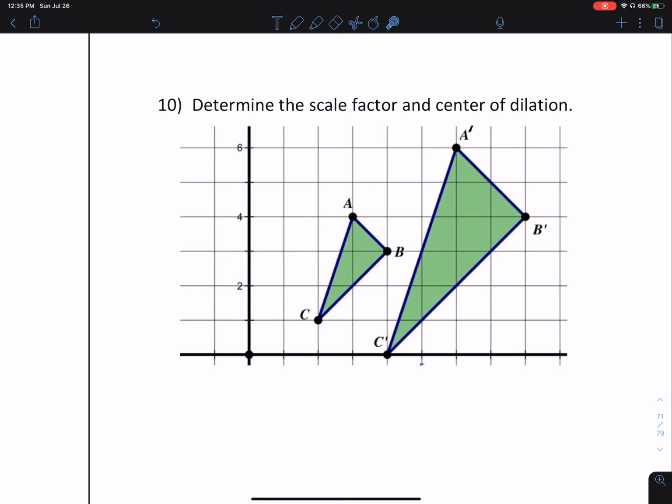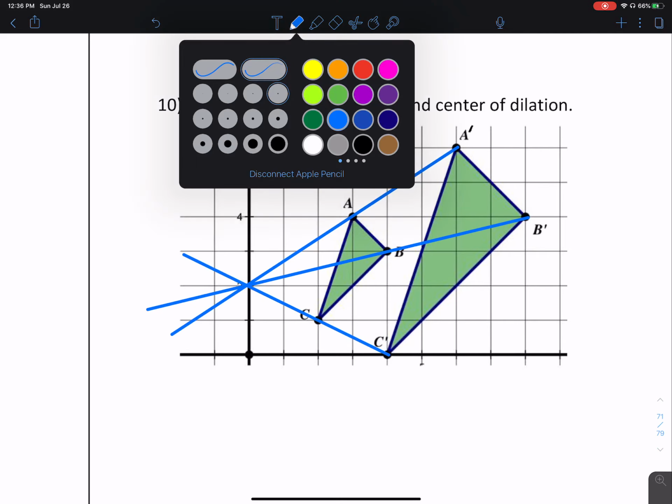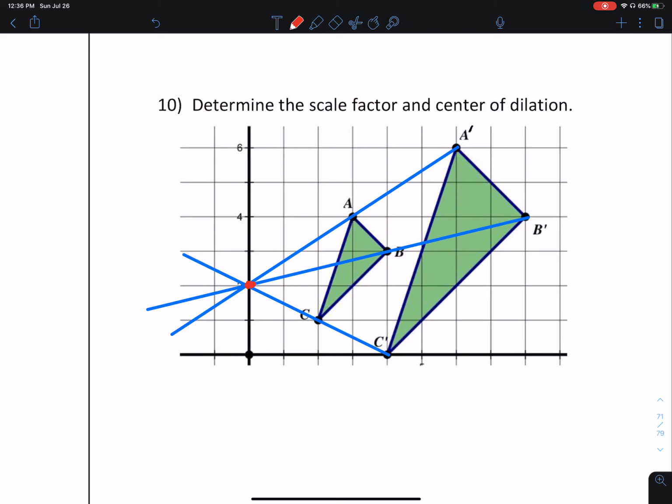The center of dilation can be found by taking a segment and extending it from A prime through A, B prime through B, C prime through C. They will always intersect at the same spot. So the center of dilation is at 0, 2.